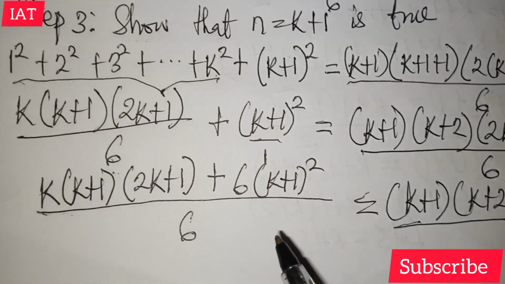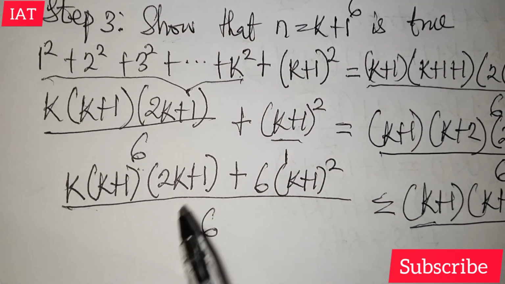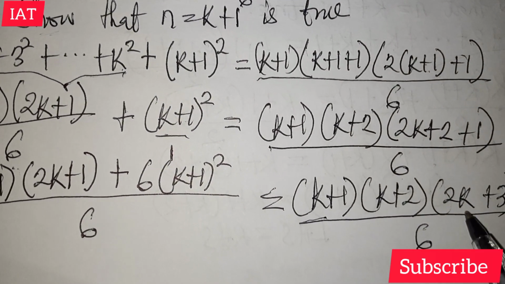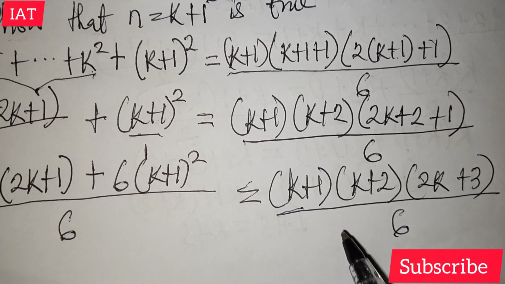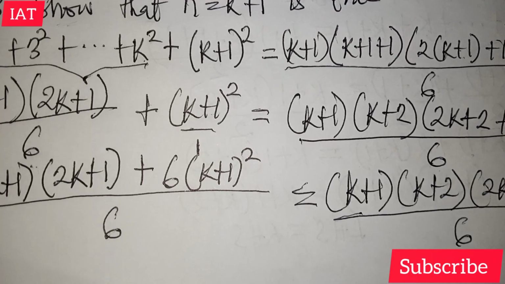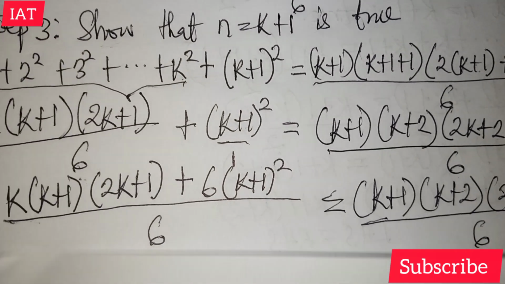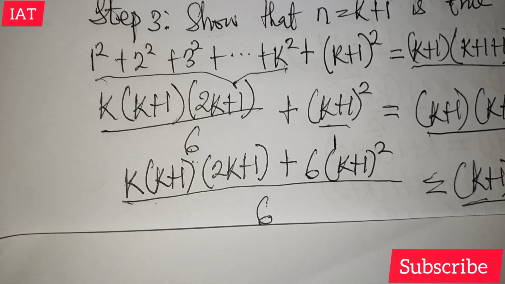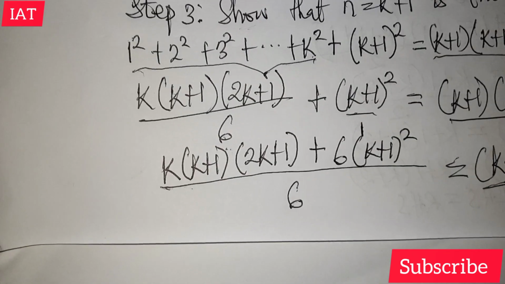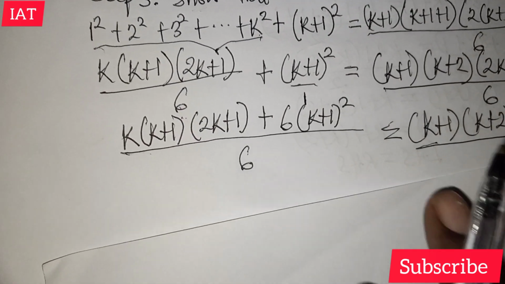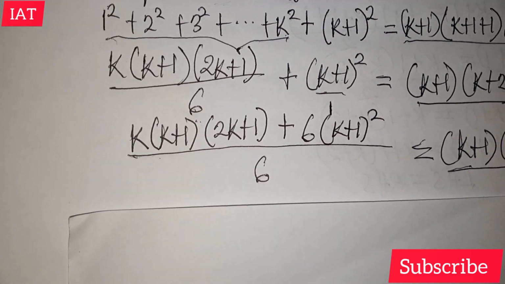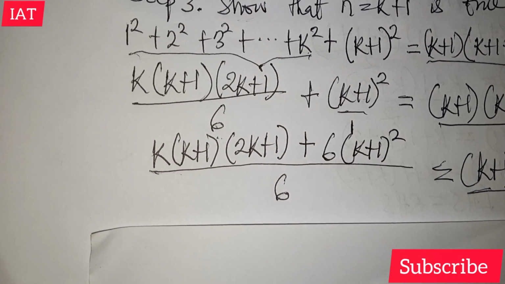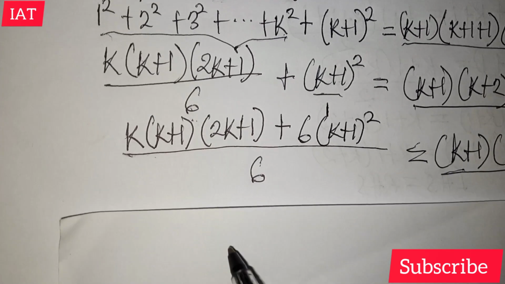So let's look into working on this left hand side so that we arrive at exactly what we're having at the right hand side. When we're able to achieve that, then it means we've proven it. So let's do that quickly. What do we do from this point? The next thing we're going to do is to work on this left hand side.